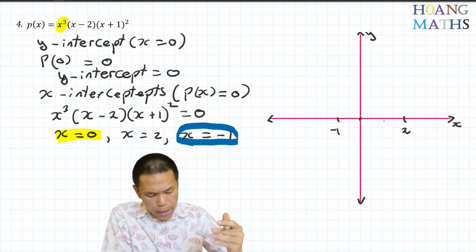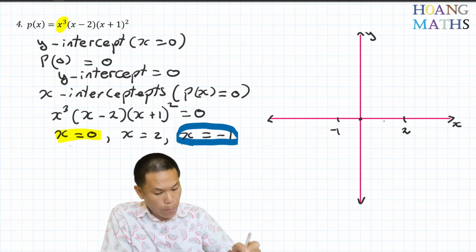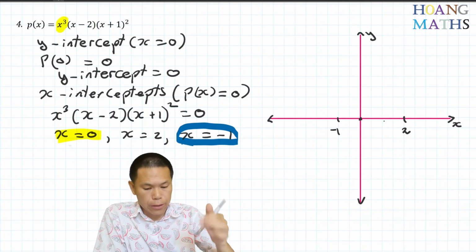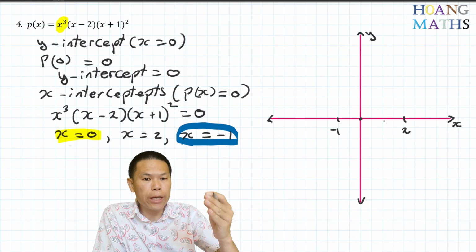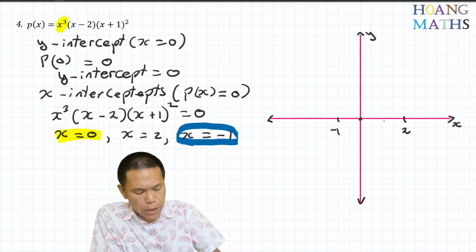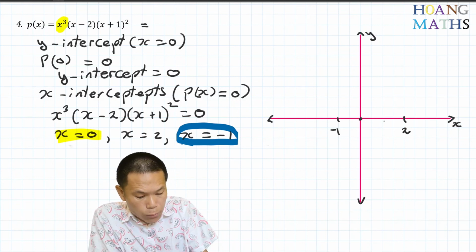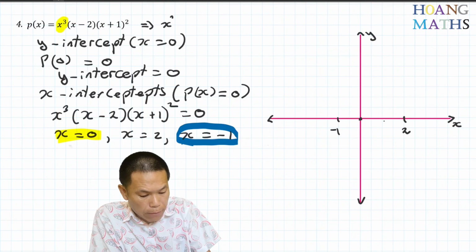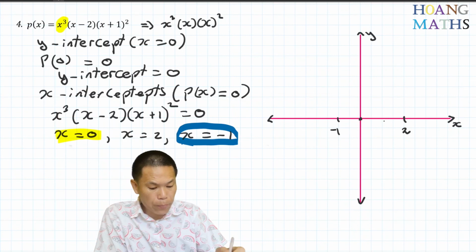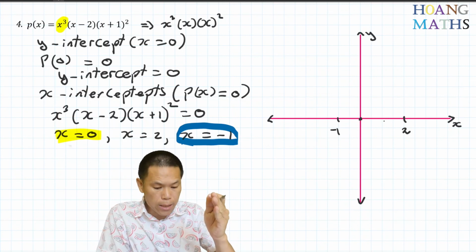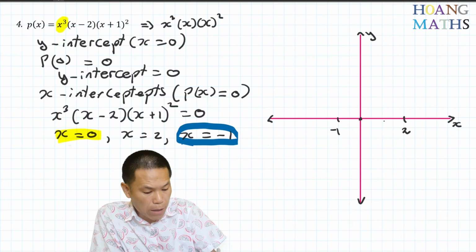And the y-intercept is also 0. So to graph this, first of all, if we ignore -2 and 1 on p of x, this will become x to the power 3, and then x here and x squared. So if we times them together, that will give me x to the power 6.